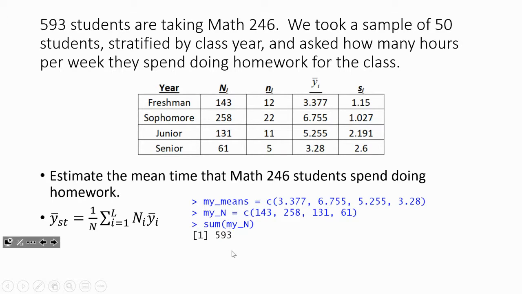So that's a check that we typed things in correctly, that this matches what we were told the total population size was. And then, if we take my means times my n, that's going to pairwise multiply each element of my means by the corresponding element of my n.